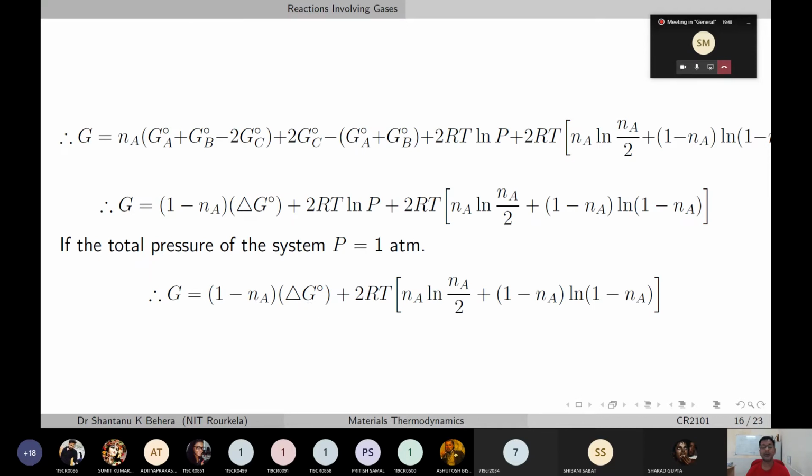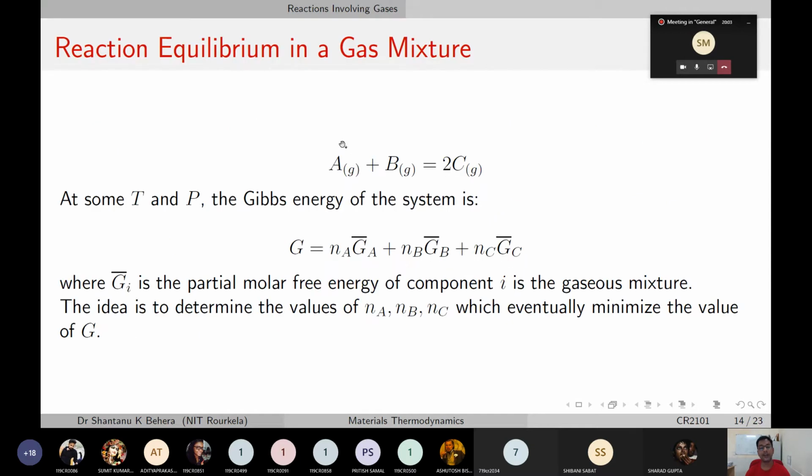You need to understand that there are two kinds of entropy contributions involved here. If you look at this reaction, gases are mixing to produce a gas.